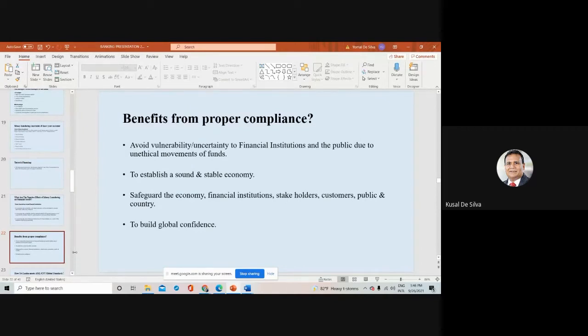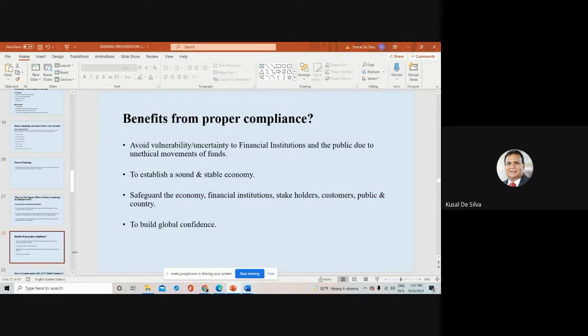Then safeguard the economy, financial institutions, stakeholders, customers, public and country. So when you have proper controls and you are safeguarding your stakeholders, basically your economy, financial institutions, customers and public, you boost the confidence level, the global confidence level, also as a country.